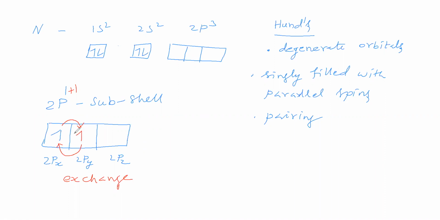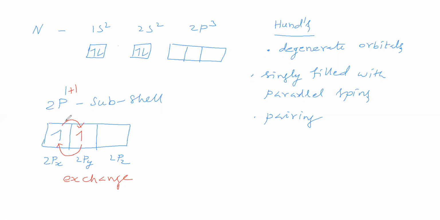Exchange means this electron going to this place has to spend some energy because it is going from here to here. And how it is going, we should not ask, because we cannot trace the path of an electron as per Heisenberg. So this electron goes from here to here, it has to spend energy, therefore energy of system reduces.